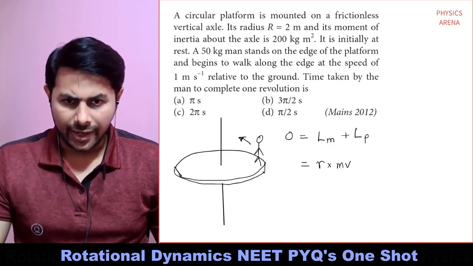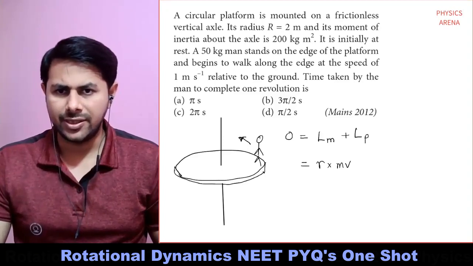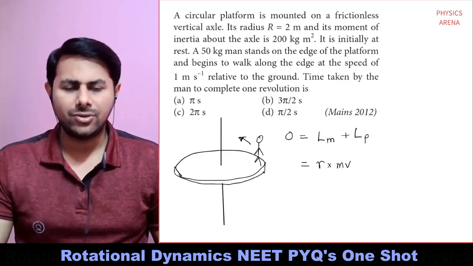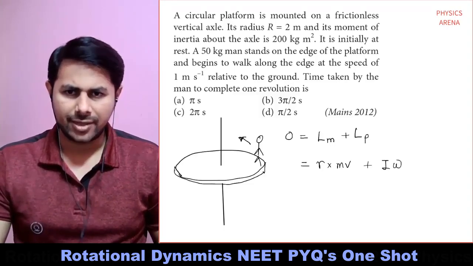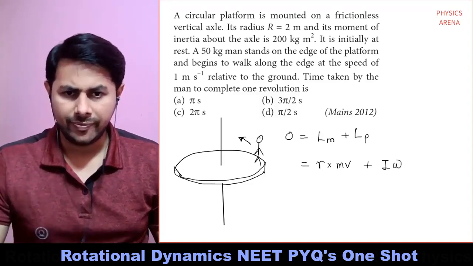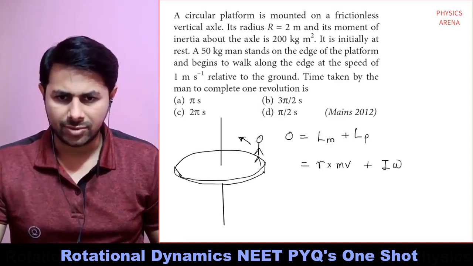And angular momentum of this platform, which is a disk actually, is I into omega. So now we can find out how much this angular momentum is.